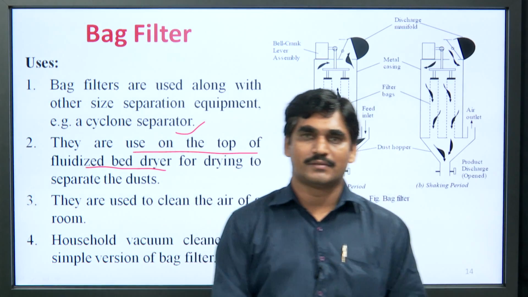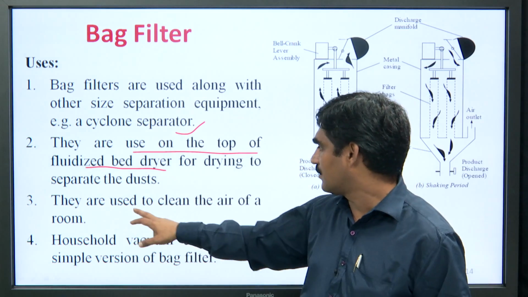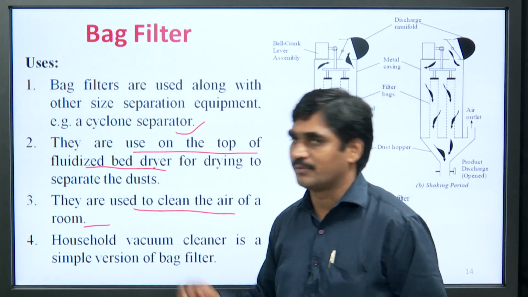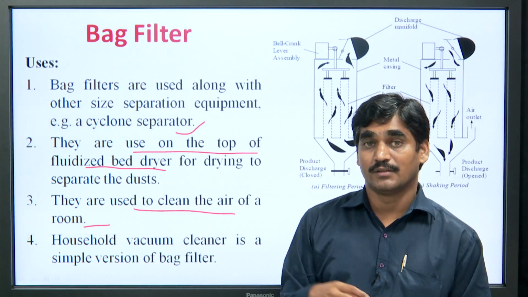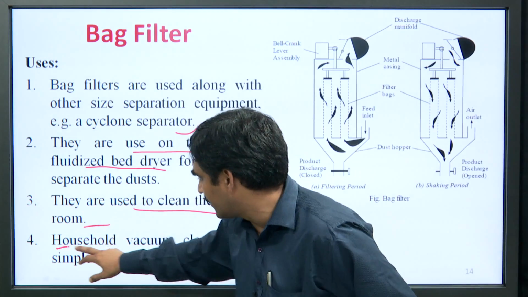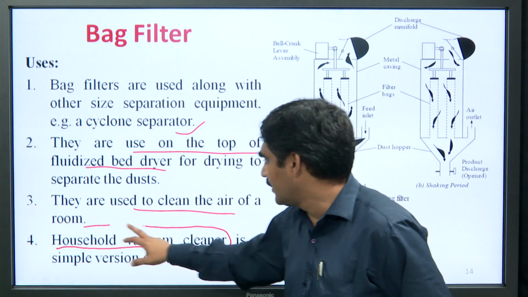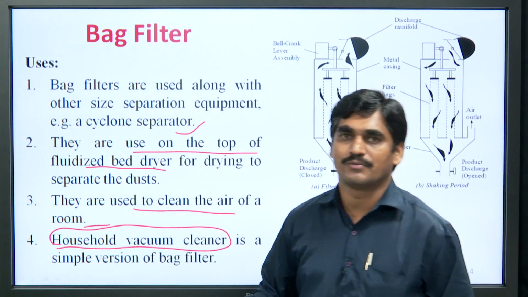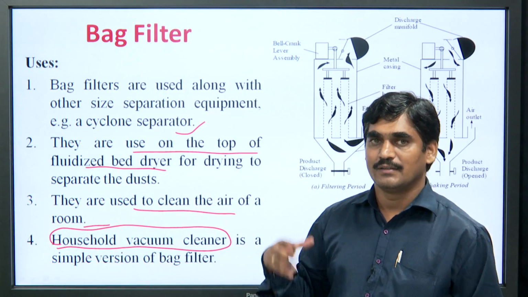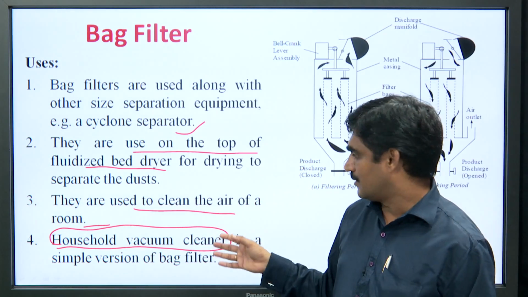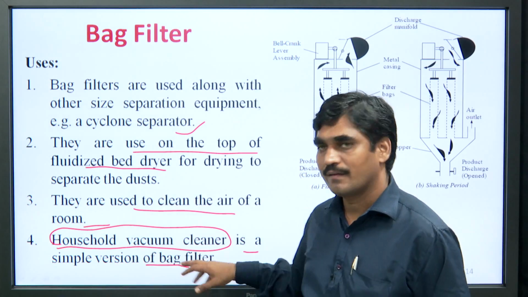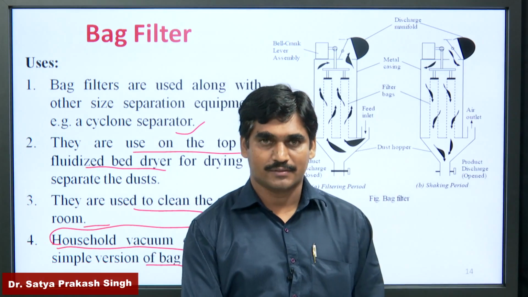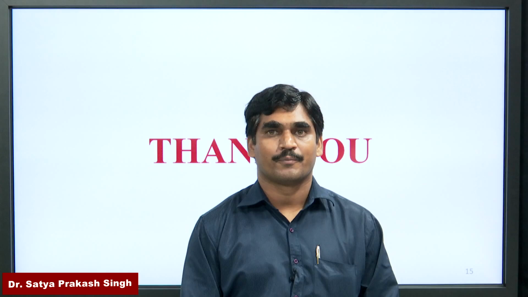These bag filters are used to clean the air of a room also. The principle of the bag filter is used in the household vacuum cleaner. So, the vacuum cleaner which we use in our house for cleaning purposes also uses this principle of bag filter for size separation of particles.